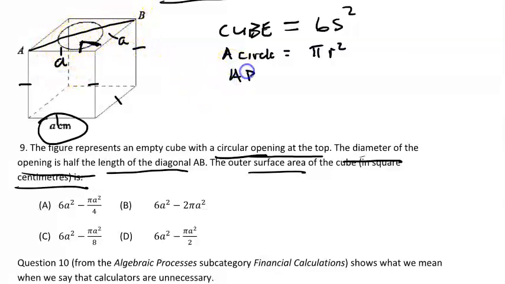So AB squared is A squared plus A squared, which is 2A squared.